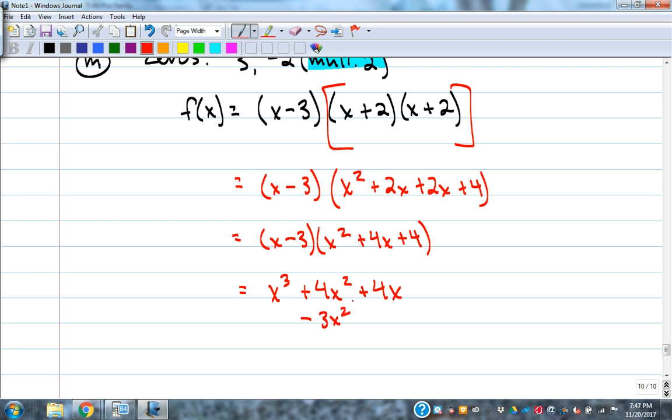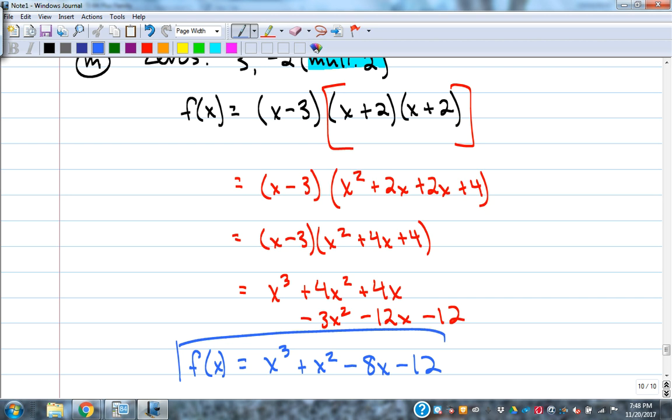That's negative 3x squared, negative 12x, and negative 12. And then total that up. Not too bad.